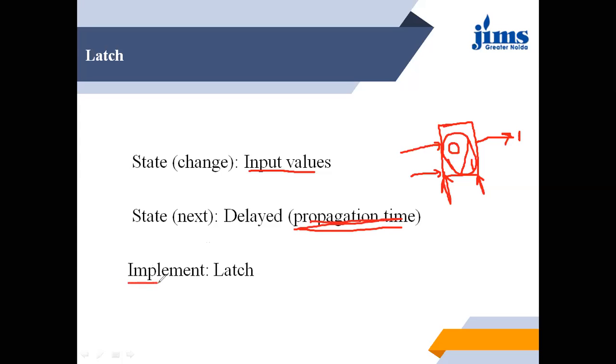The implementation of latch is used to design flip-flops. To design flip-flops, this should be flip-flop. That was a mistake, so I am extremely sorry for this. The implementation of latch is used for flip-flops.